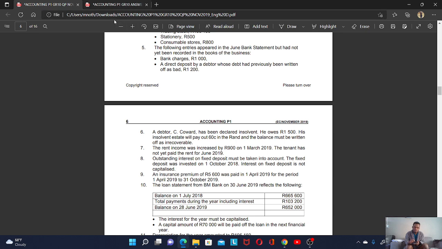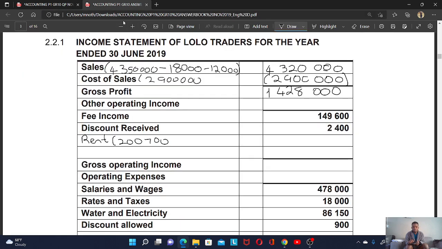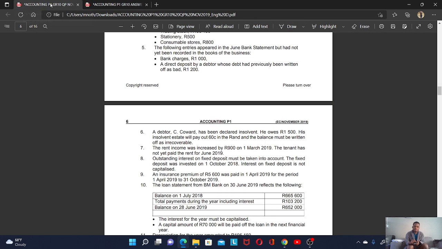Let's go. So the rent income, it's how much? This is your rent income, 200,700, and that 200,700 is for 11 months.